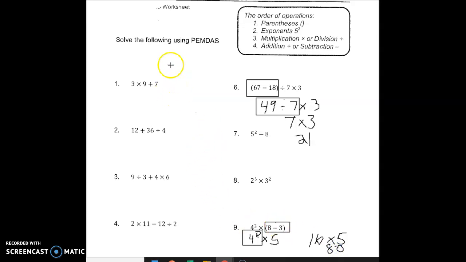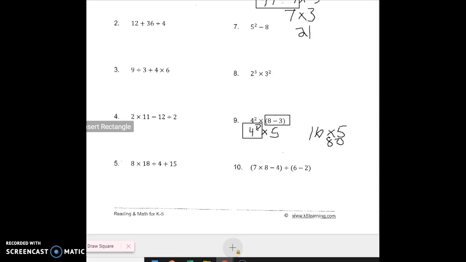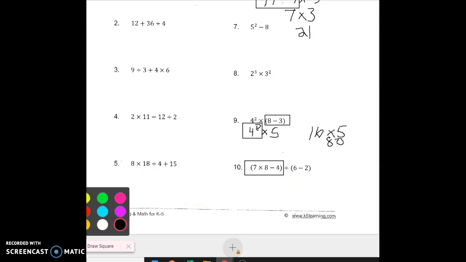Alright, let's take a look at one more. Let's take a look at number 10. So I'm going to ask myself, do I have parentheses? Yes, I do. I'm going to do the first set, whatever comes first, left to right. So if I look here at the first set, I have 7 times 8 minus 4.